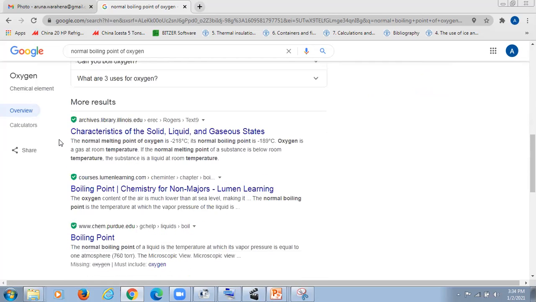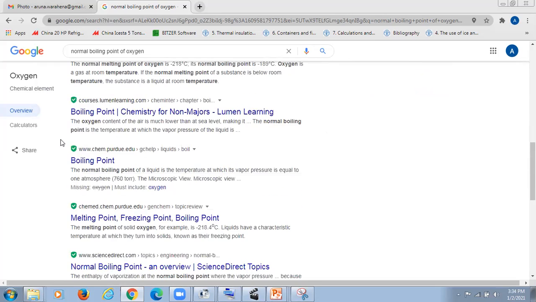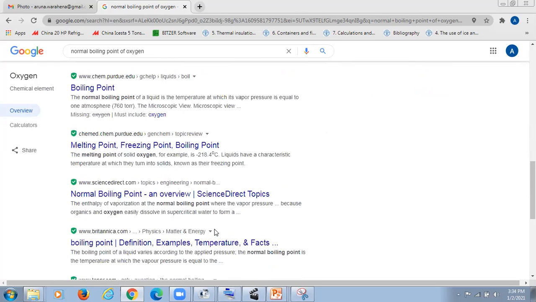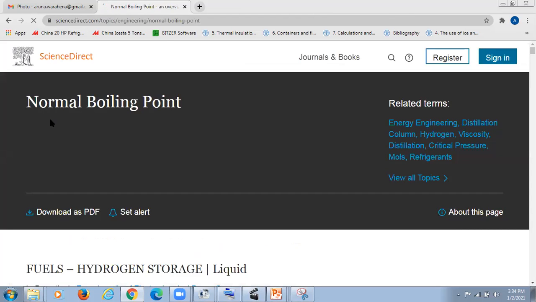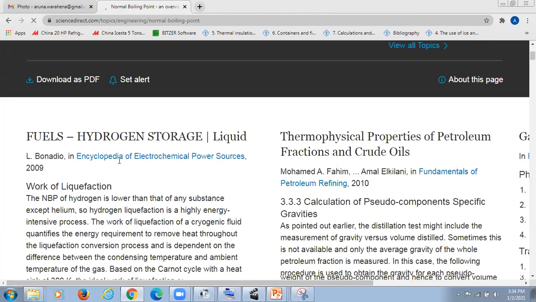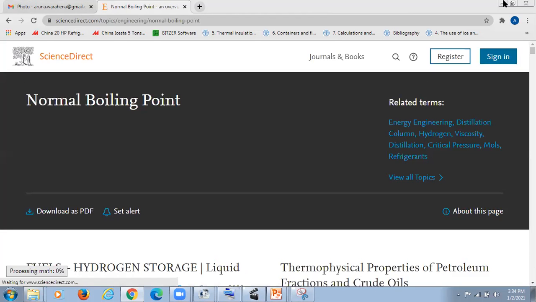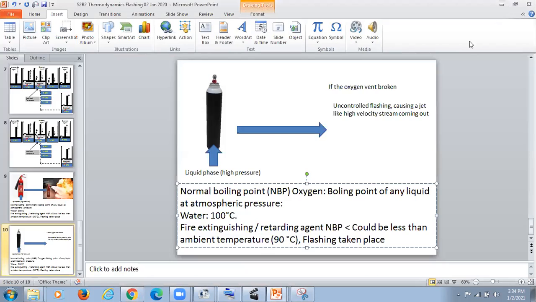It's a scientific word we normally use on ScienceDirect. So the normal boiling point is minus 180.